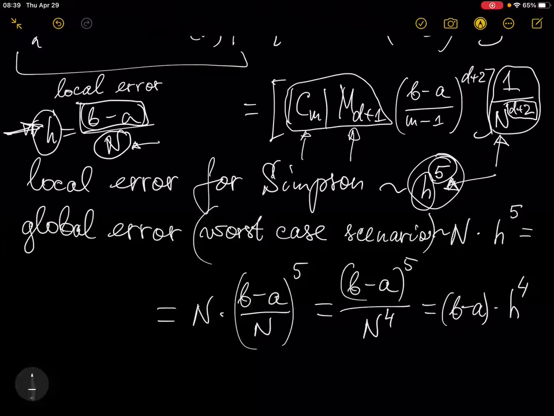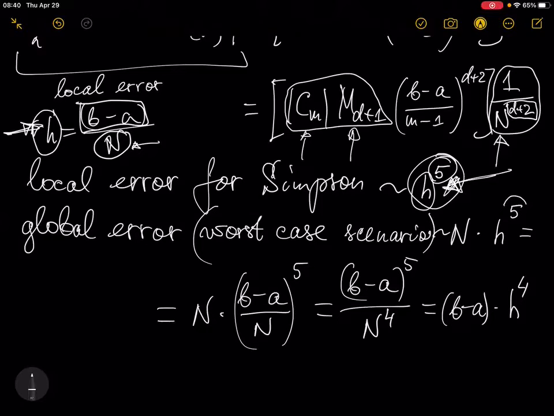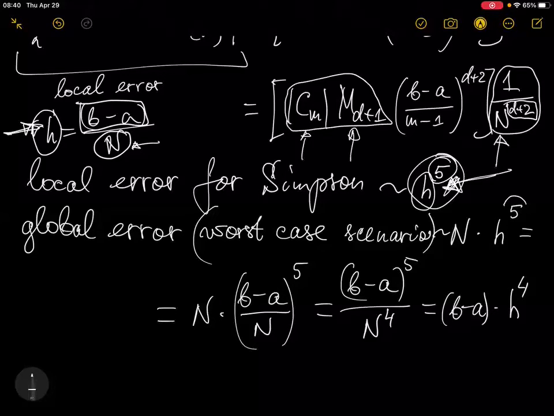So what will happen with the local error? How will it scale? It'll decrease by a factor of 2 to the 4. No. Local error, because it's proportional to h to the fifth, will decrease by a factor of 2 to the fifth. How much is it? It's 32 times.